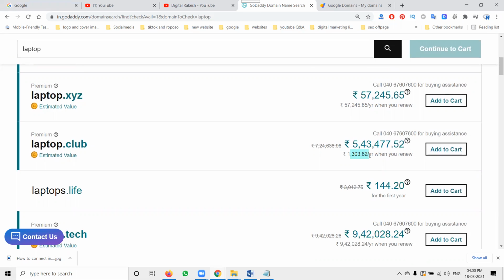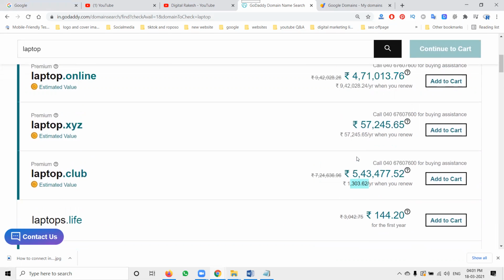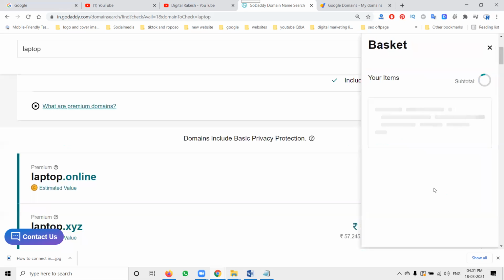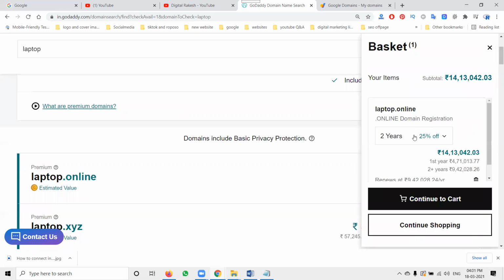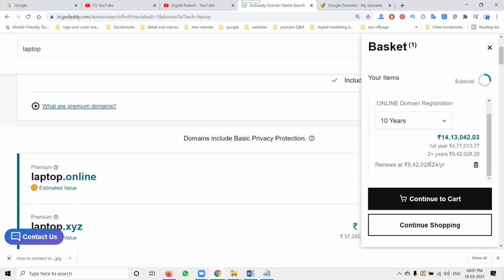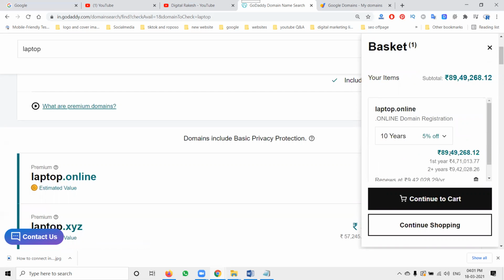So these are the conditions given at the time of domain purchase. Those are all premium domains. So at domain booking time, these conditions are compulsory and mandatory. Now we can select add to cart. When adding to cart, if you go for 1 year, 2 years, up to 10 years, see the 10 years price, 89 lakhs.